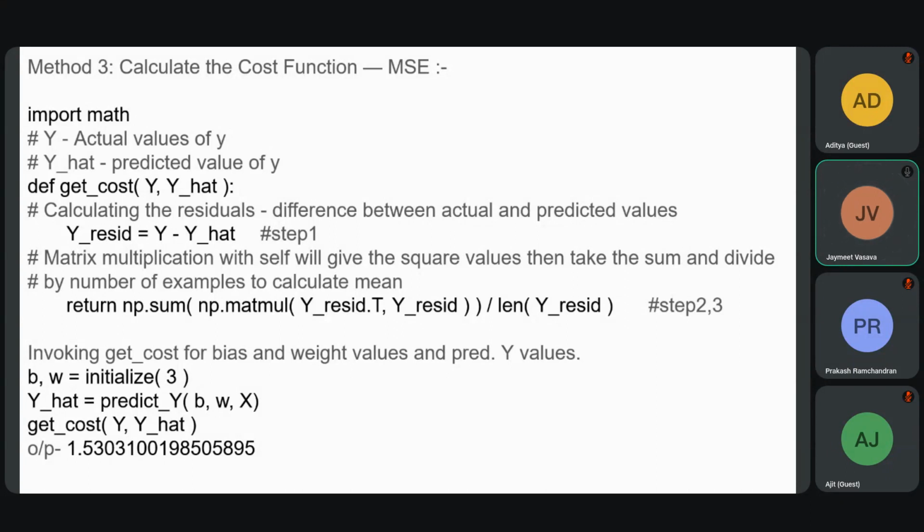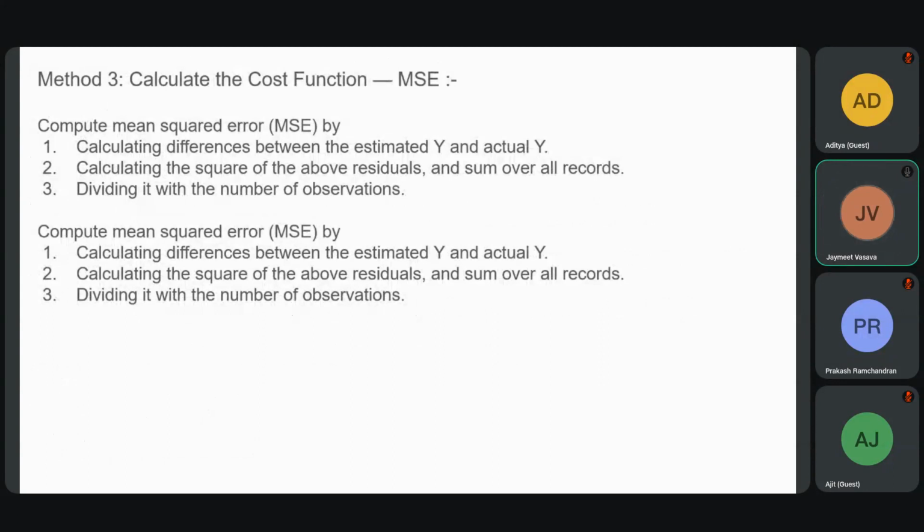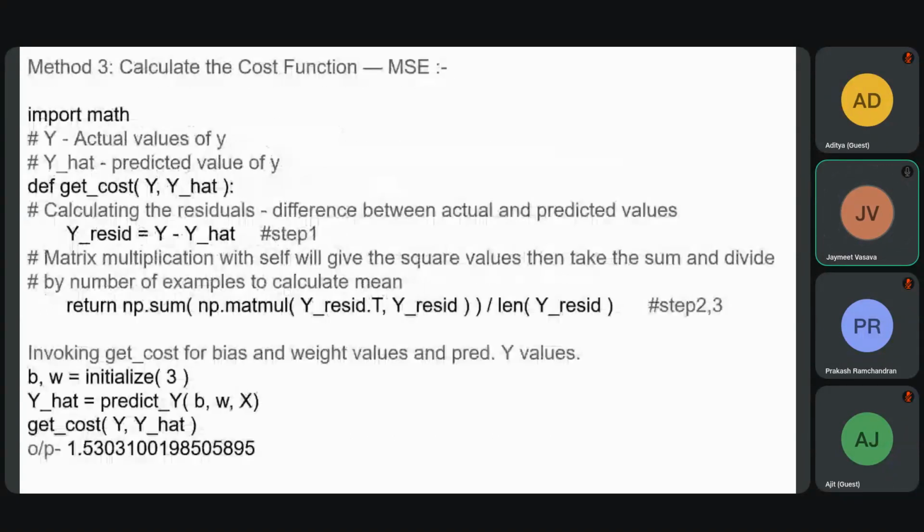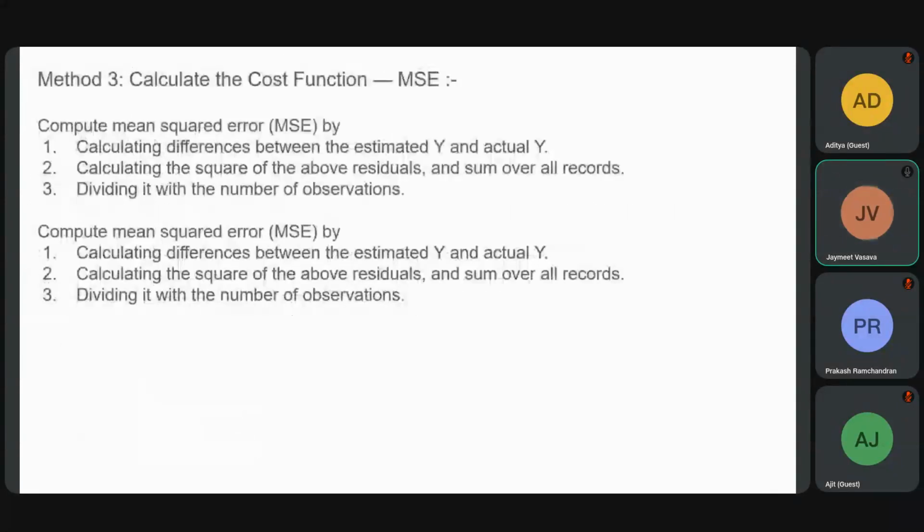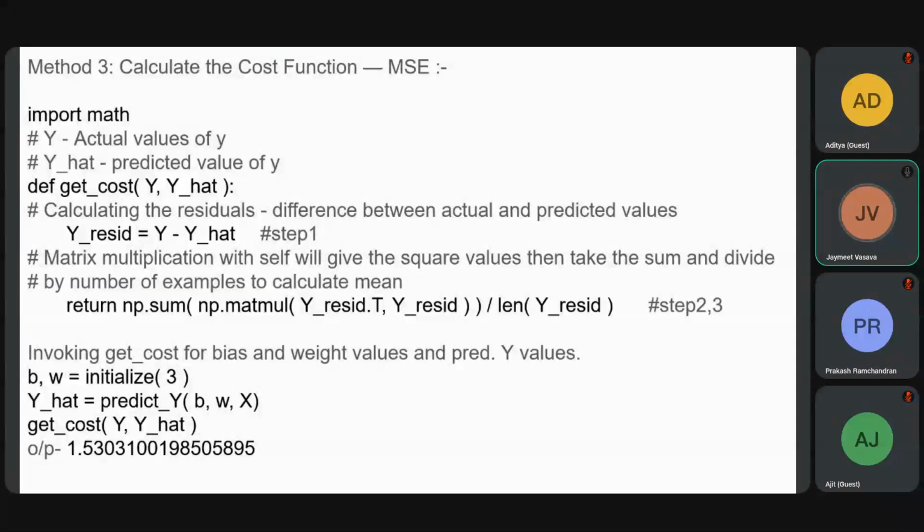It returns the values by calculating the square of the above residuals, the difference basically, and calculating the sum of it, and then dividing by the number of observations. So this is what the get cost function does.